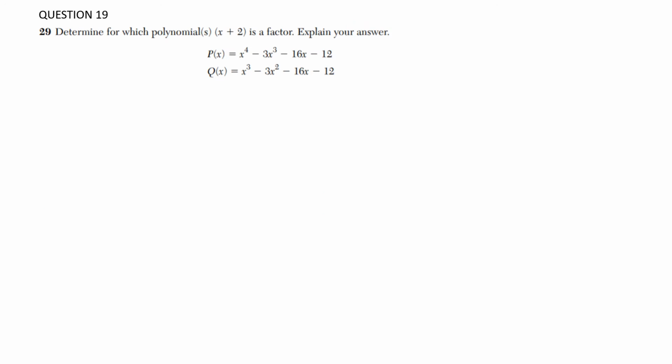All right, question 19. Determine for which polynomials x plus 2 is a factor and explain your answer. We're going to do this 2 ways. One is just by plugging in, one will be long division, just to show what that is.